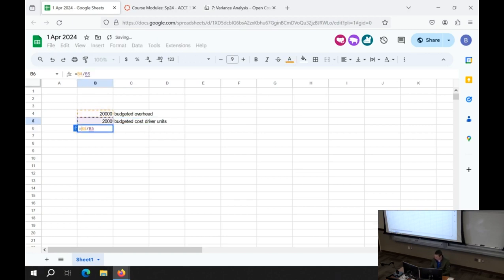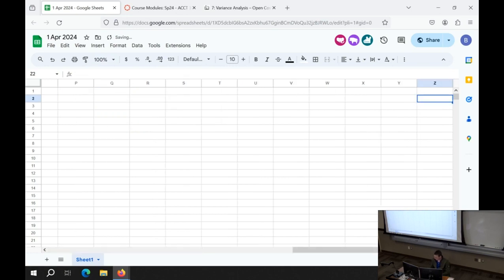We're going to have a PDOH rate of budgeted overhead over budgeted cost driver, right? $10 is our PDOH rate. Great. Here's the thing. This budgeted overhead is going to be a sum of budgeted variable overhead costs and budgeted fixed overhead costs.